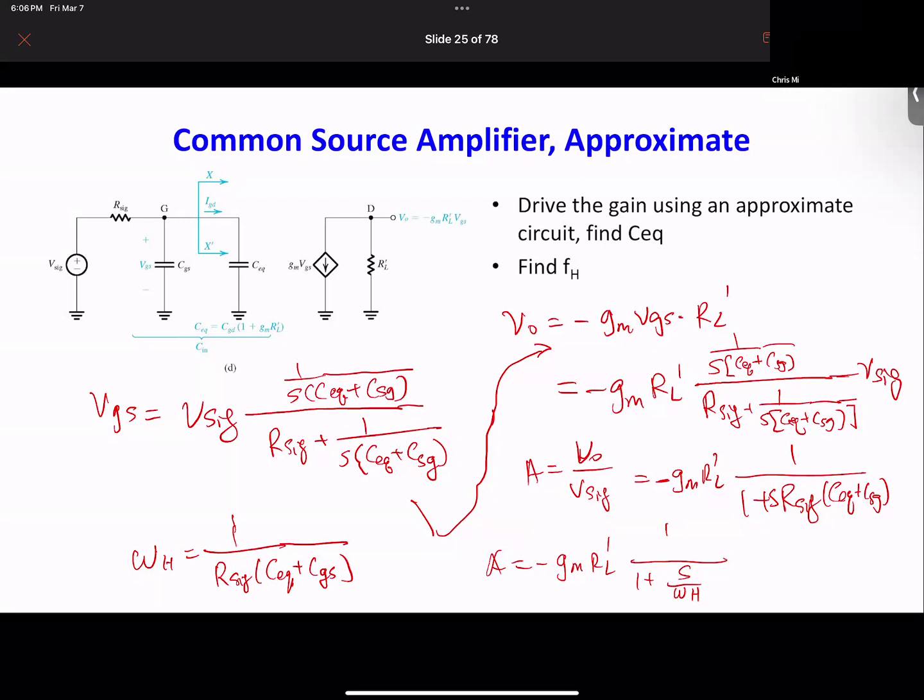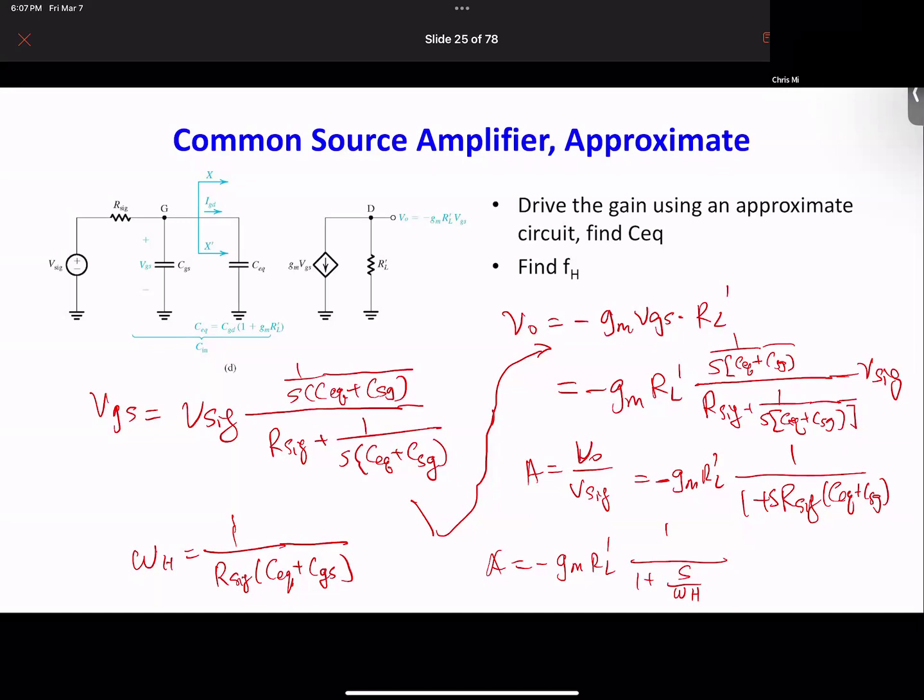This omega H is called the 3 dB frequency, because if you plug omega H into this equation, S over omega H, you get 1. So 1 plus j. And the whole thing becomes 1 over square root of 2 if you take the magnitude. So 1 over square root of 2, you take 20 log, you get minus 3 dB. That's what we call the 3 dB frequency.